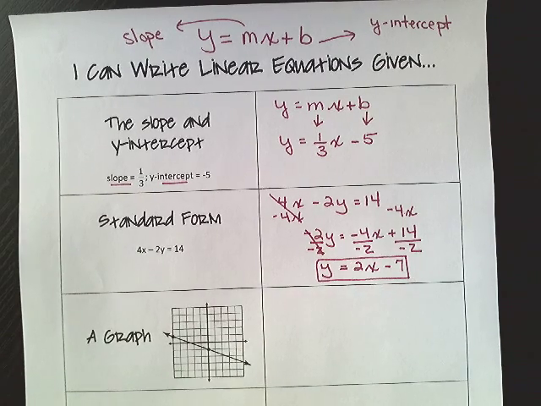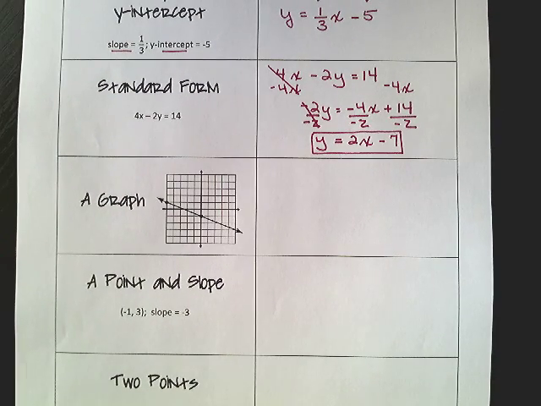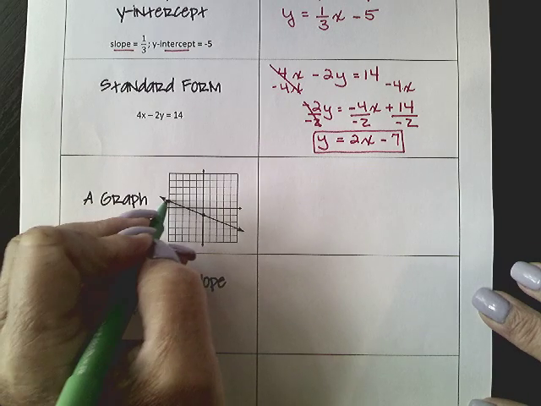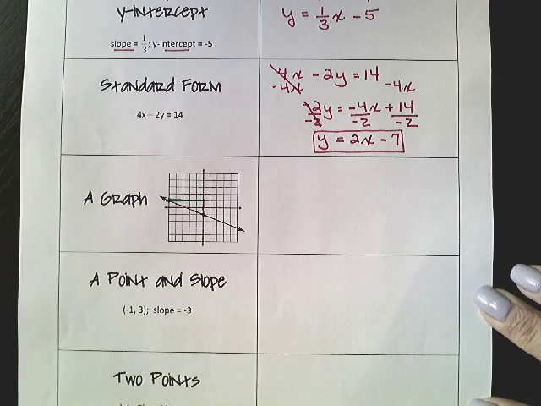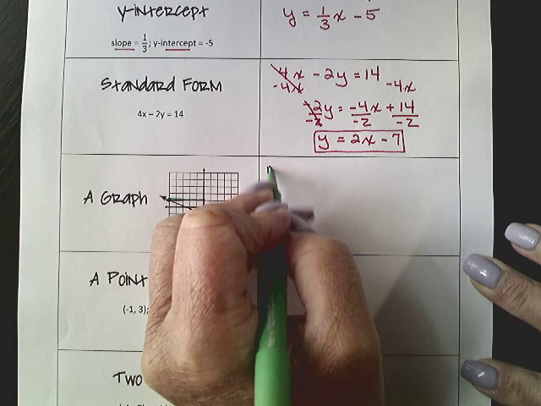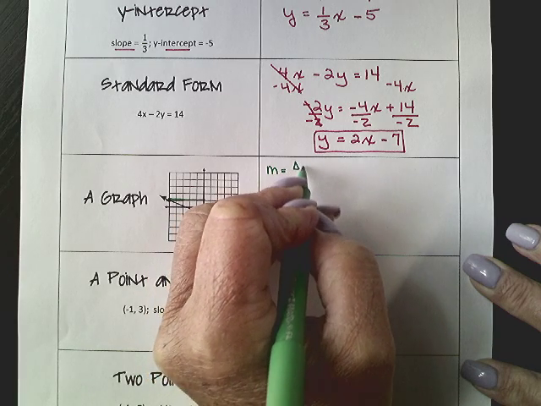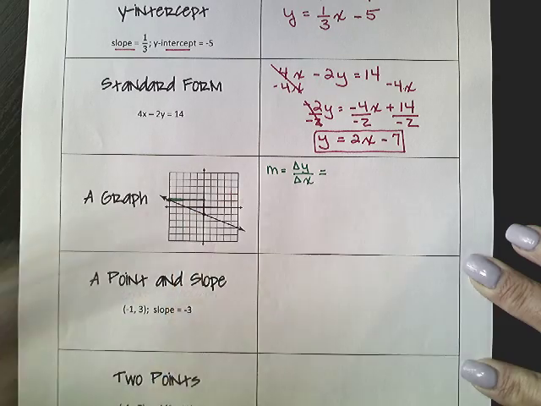Now looking at a graph, we want to find the slope from that graph. And there are 2 points already there. So we are going to connect those 2 points. So counting, we know that m is equal to the change in y over the change in x.